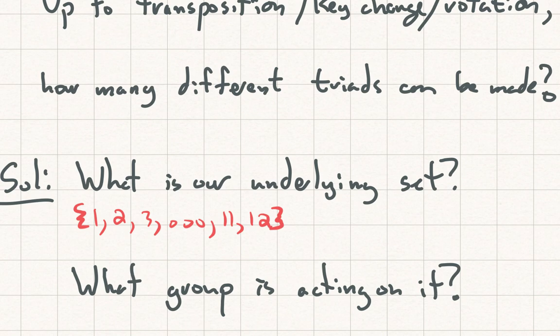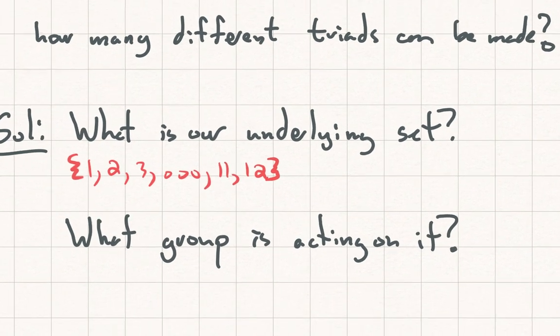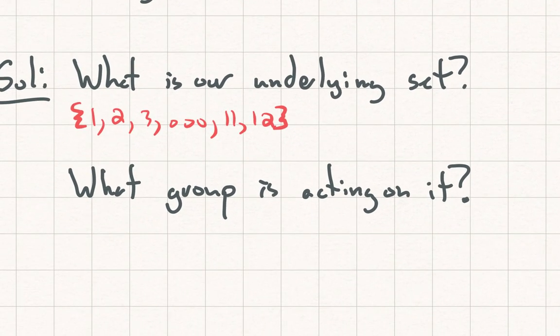And we have to ask, well, how can we act on this? And we want to identify, if you like, chords that are just transpositions of each other by rotating around the circle. So we want to act on these 12 notes just by rotations. So we're going to say that our group is just the rotations of 12 things, which we call C12.